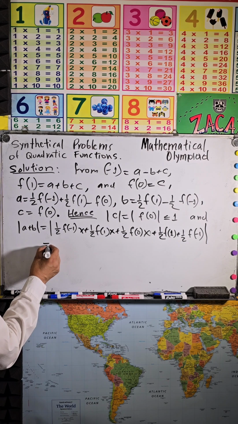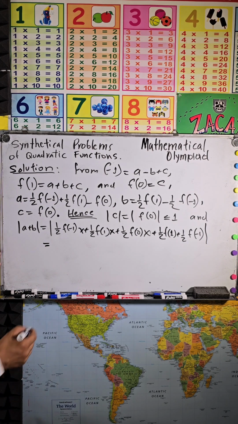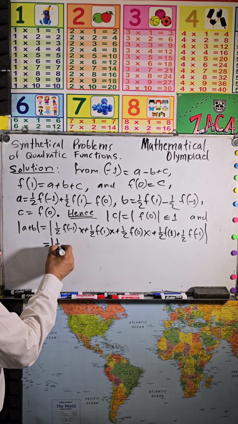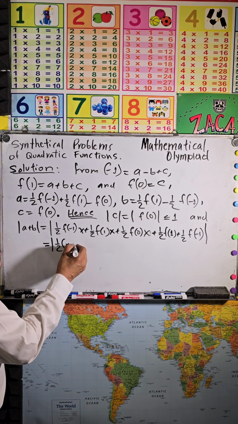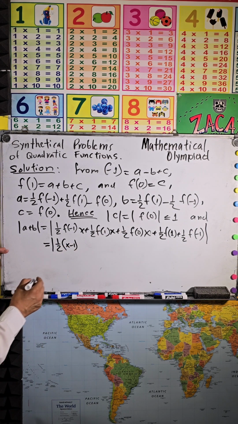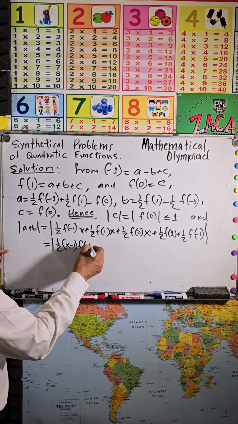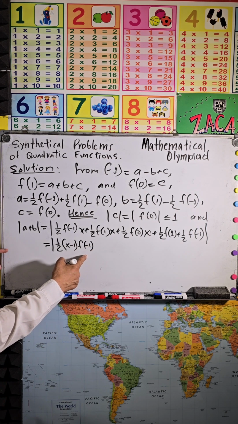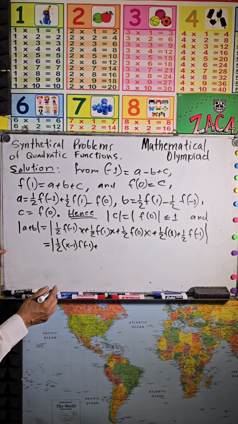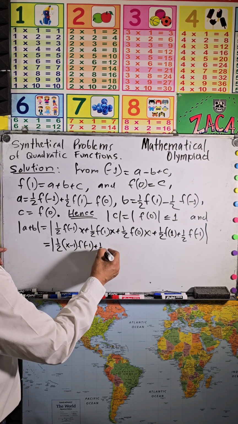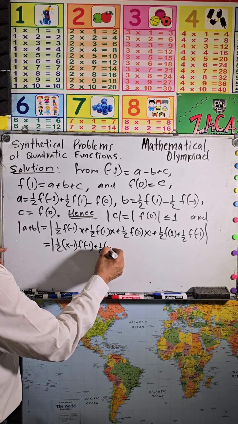If we simplify here, we will have equals 1/2 parenthesis x minus 1, close parenthesis, f of negative 1 right here. Plus, again, we have to write 1/2 here. Open parenthesis, x minus 1.